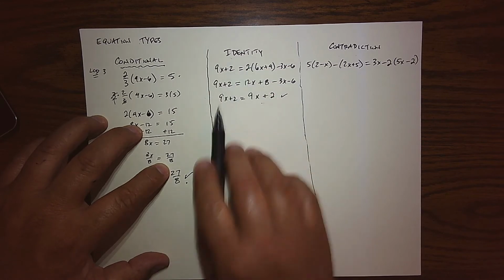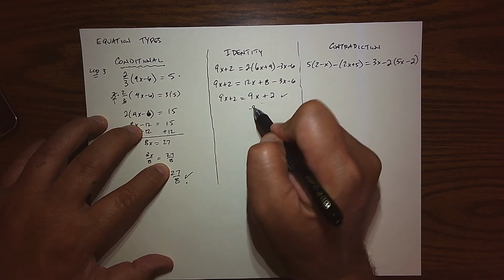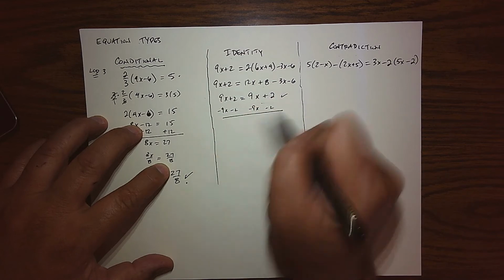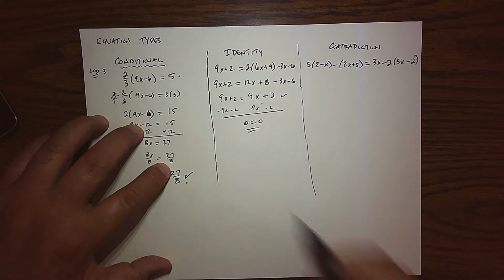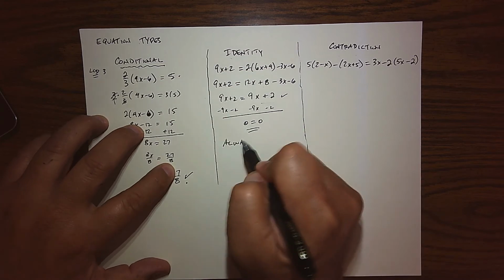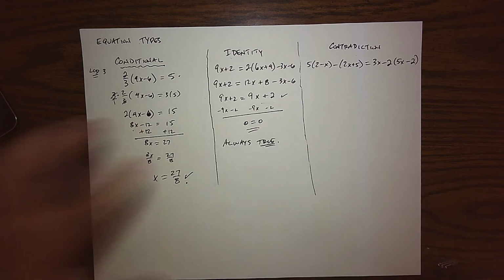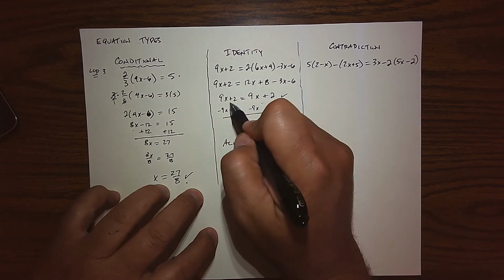If you're not fortunate enough to see this, if you keep moving forward, if I subtract 9x from both sides and subtract 2 from both sides, we end up with 0 equals 0. This is something that we know to be always true, right? One number is equal to itself, and one side is identical to the other.